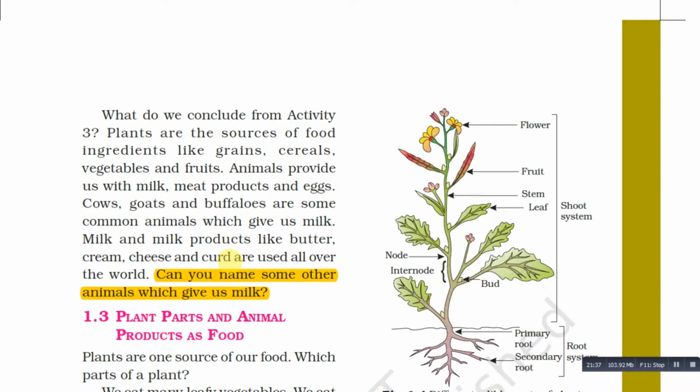Before reading this NCERT book, I was also thinking that I am a pure vegetarian. But there is a difference between vegetarian and vegan. Vegetarian means people who don't eat animals. And vegan means people who don't eat animals, as well as the animal products also, like milk and milk products like butter. From where is milk coming?